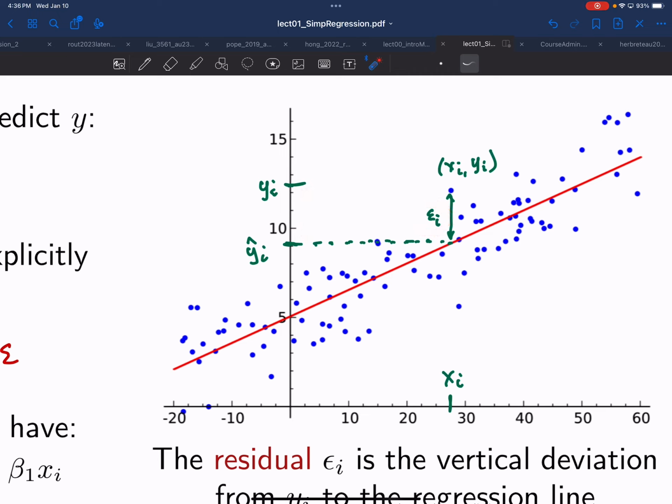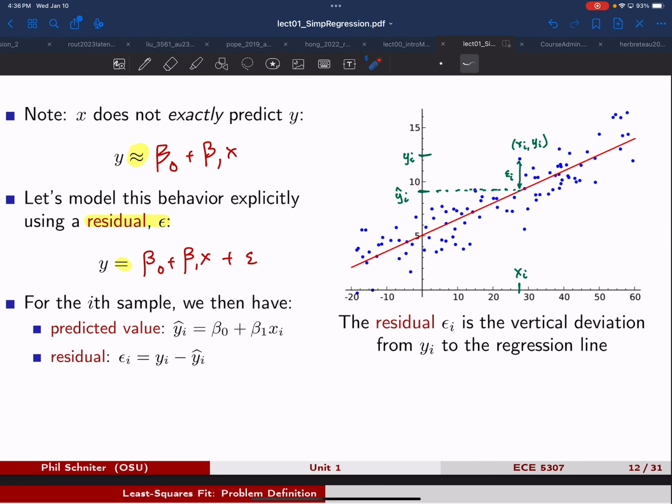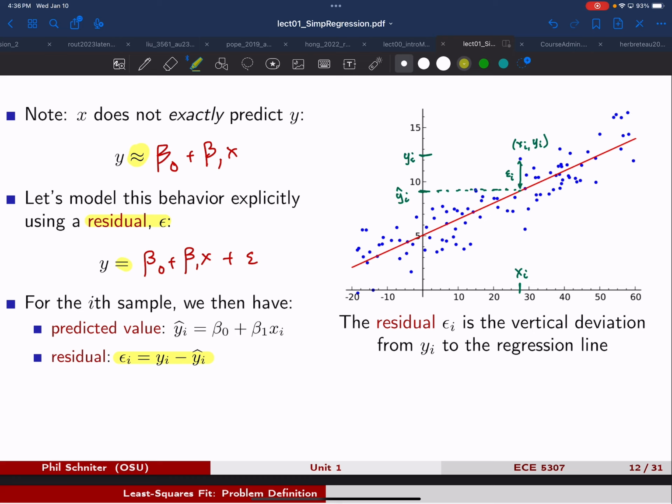So we have the model, which is this nice line here. We have the data, which is this messy blue stuff, and the difference between them are these residuals. Here the residual is yi minus our prediction. Okay, everybody good with that? All right. The residual is the vertical deviation from y to the regression line.